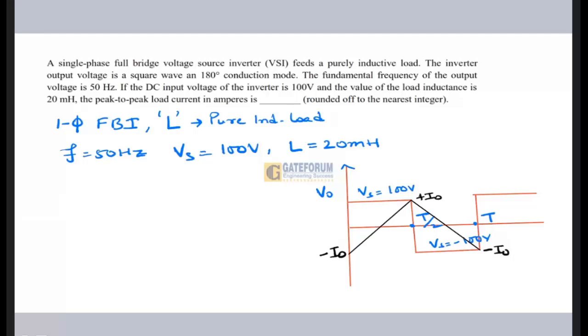So if you see here, this is plus I naught, this is minus I naught, this is plus I naught, and this is minus I naught.